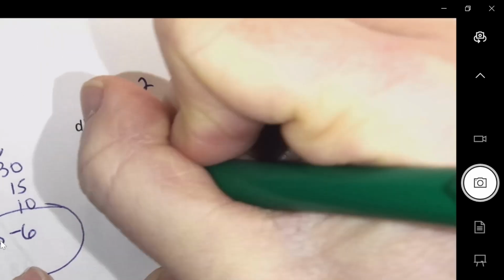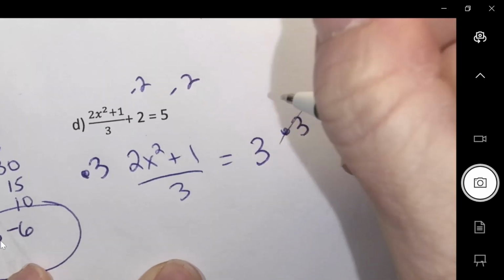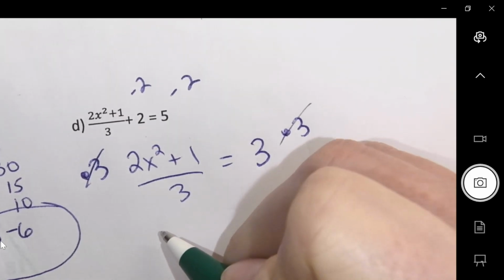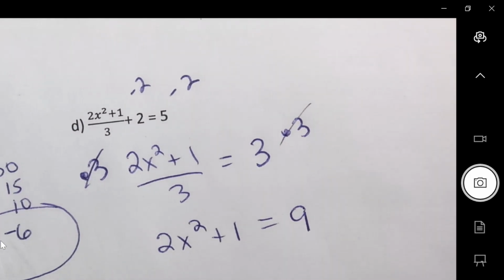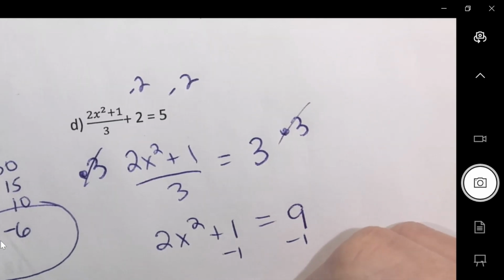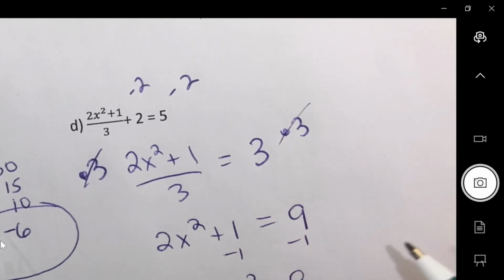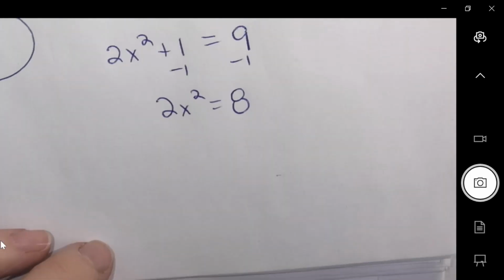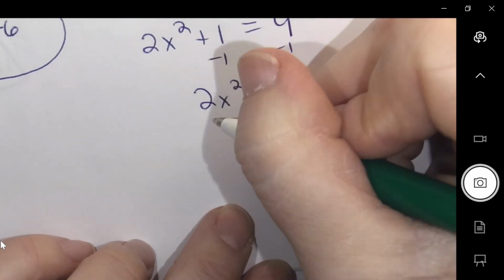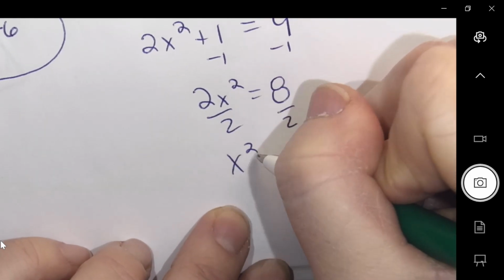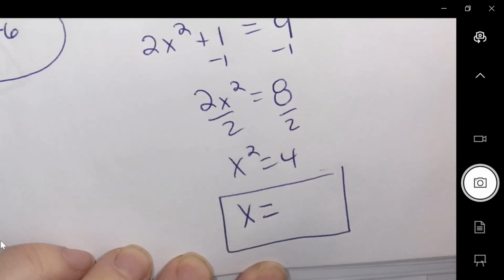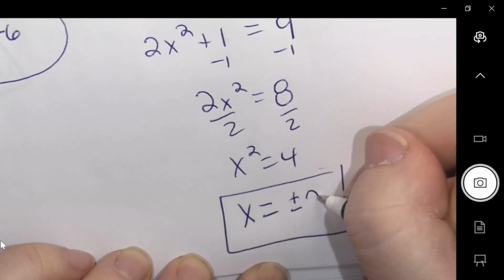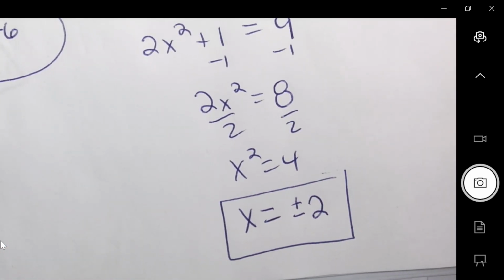Times it by 3. Subtract 1. Divide by 2. And square root it. What is your answer? Positive or negative 2. Positive or negative 2. Why did he do that?